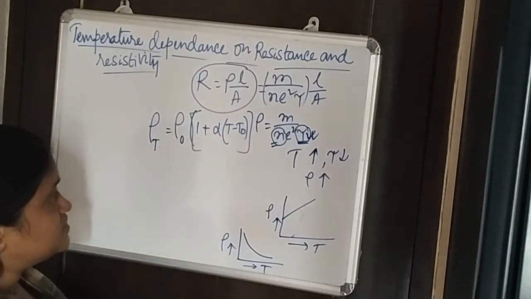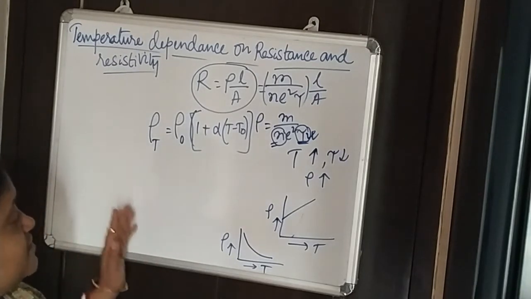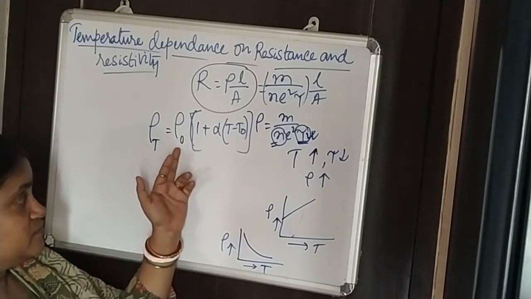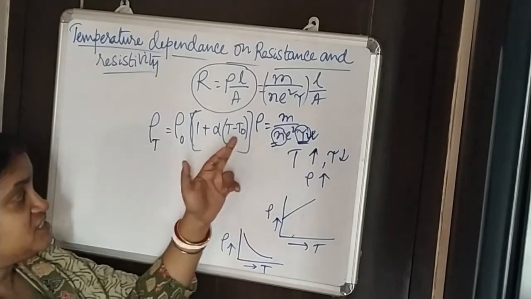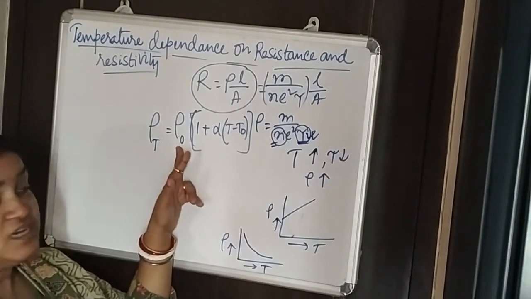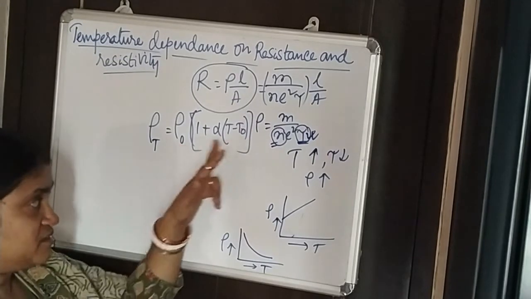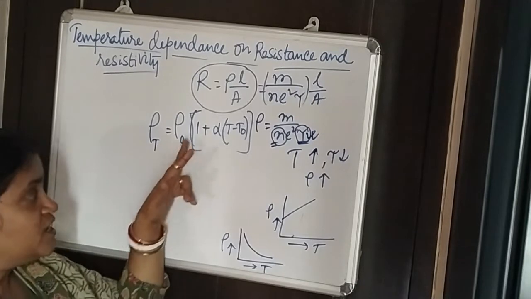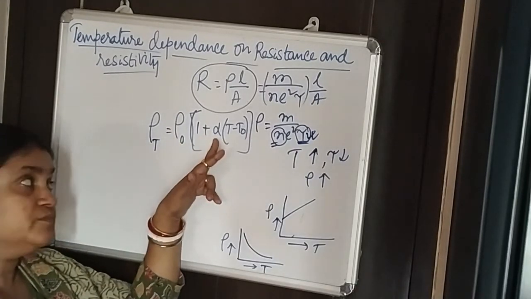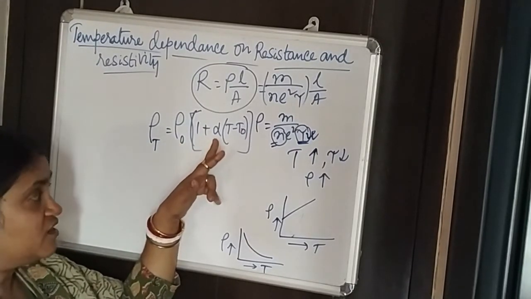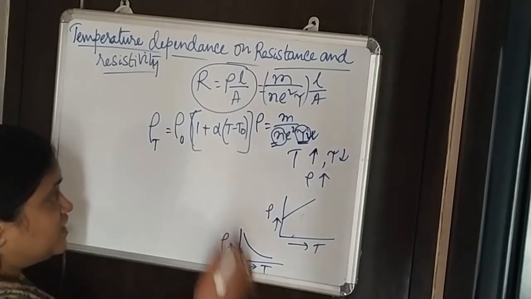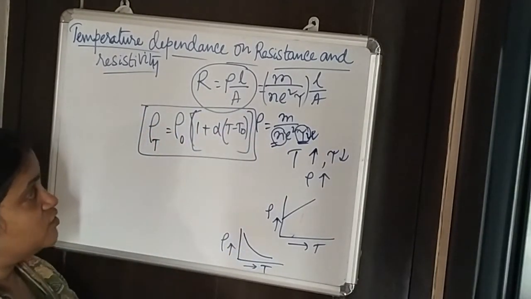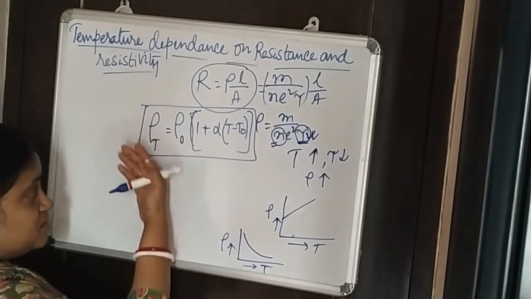So this is the expression for the resistivity at the temperature T, where at the temperature T naught, the resistivity of that material is rho naught. Alpha is called the temperature coefficient.